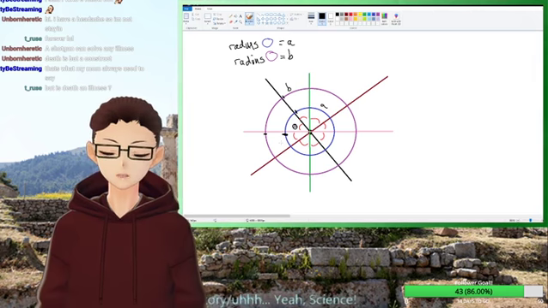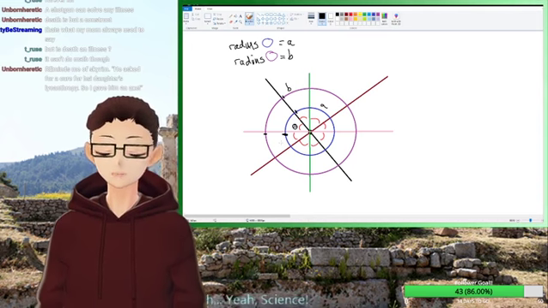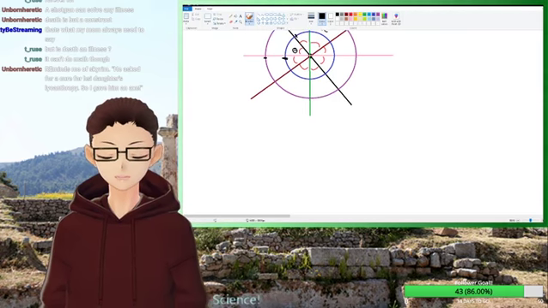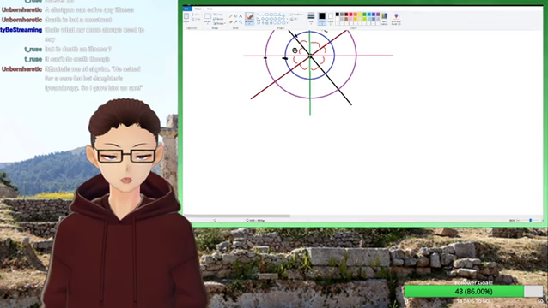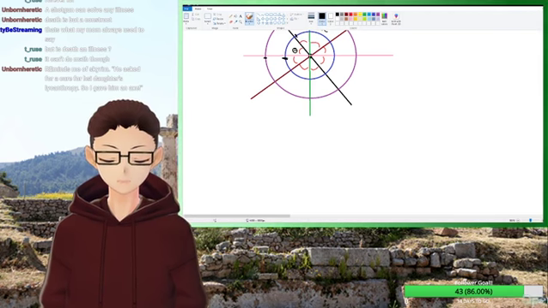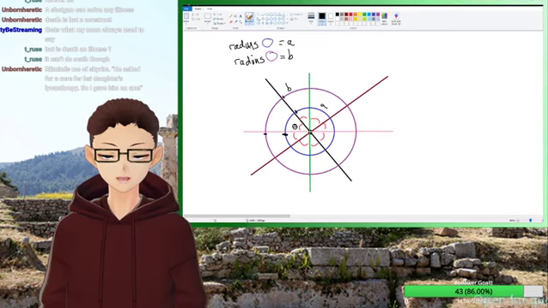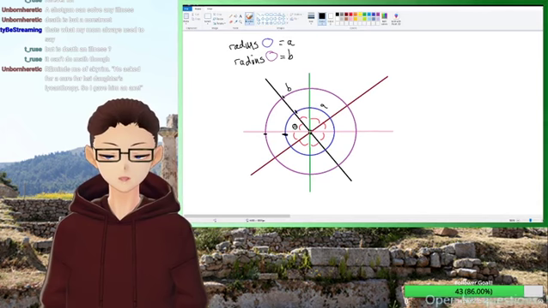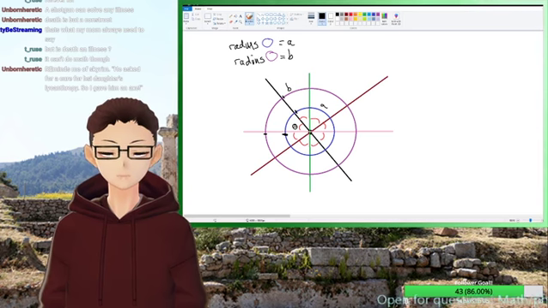A shotgun can't prevent death, though. You're right. Exactly. A shotgun, well, it kind of can, but I'll talk about that later. Reminds me of Skyrim. He asked for a cure for his daughter's lycanthropy, so I gave him an axe. I'm gonna guess that's a Sheogorath quote. Or just some evil, mean somebody.